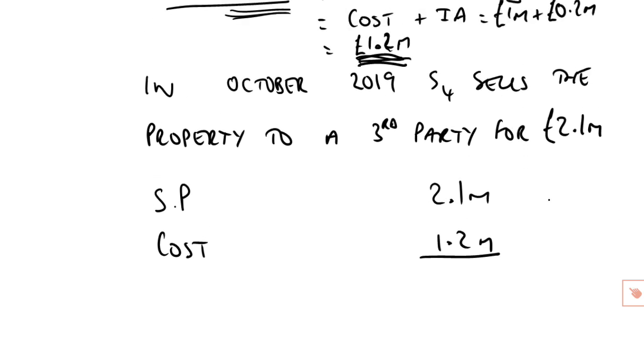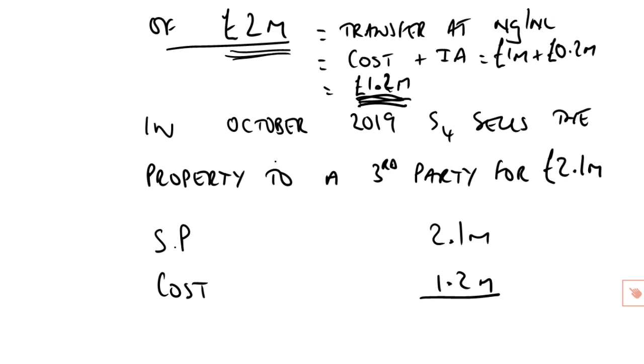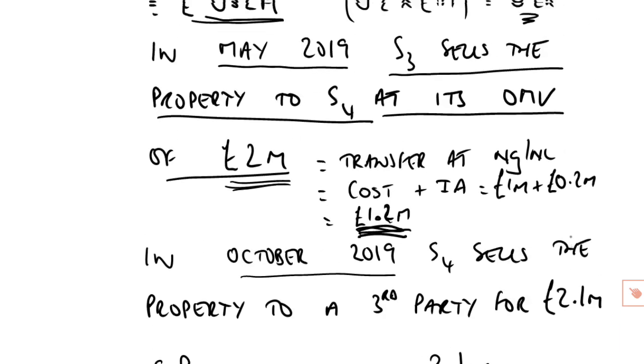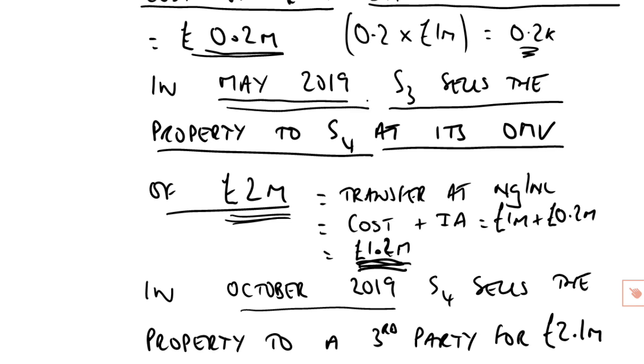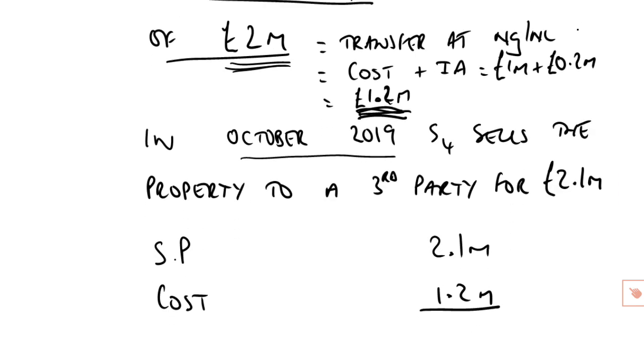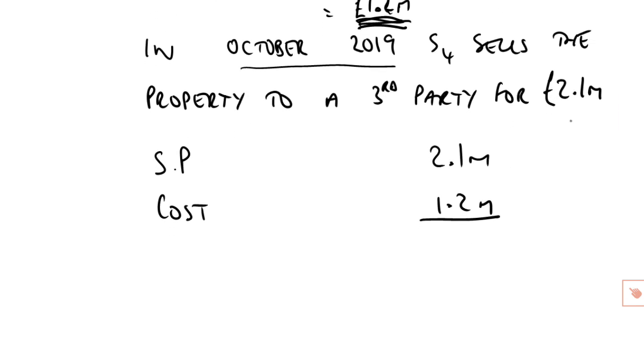The disposal, of course, is occurring in October 19, based on an acquisition that was in May 2019. So there is no indexation allowance now to apply. So the gain arising is £0.9 million. The gain is £0.9 million.